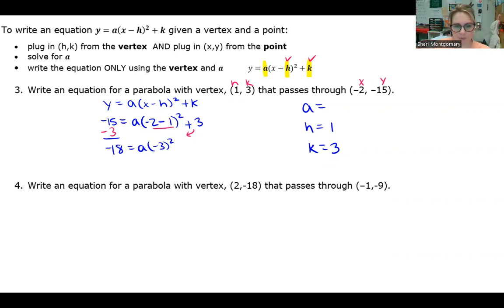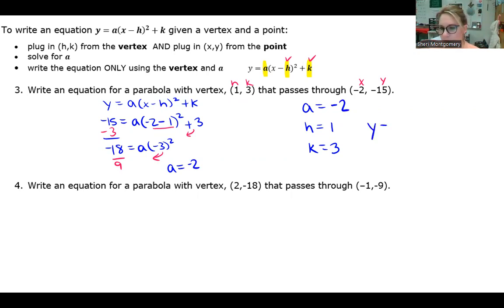My next step would be getting rid of this, so I would divide by 9. What's negative 18 divided by 9? Negative 2. So I get A is equal to negative 2. That's what I needed. Now I have A, H, K, so I can write an equation.